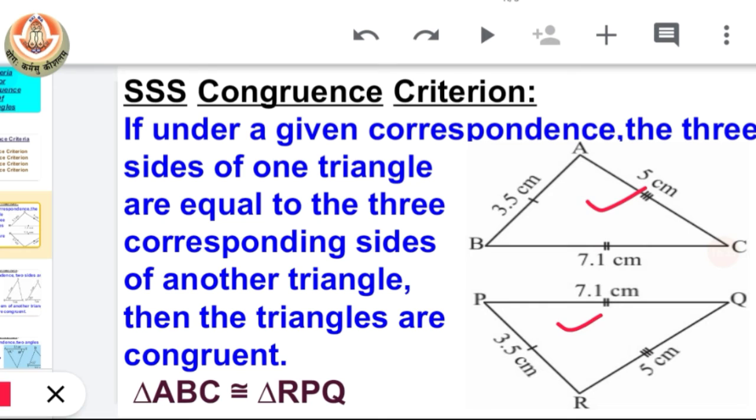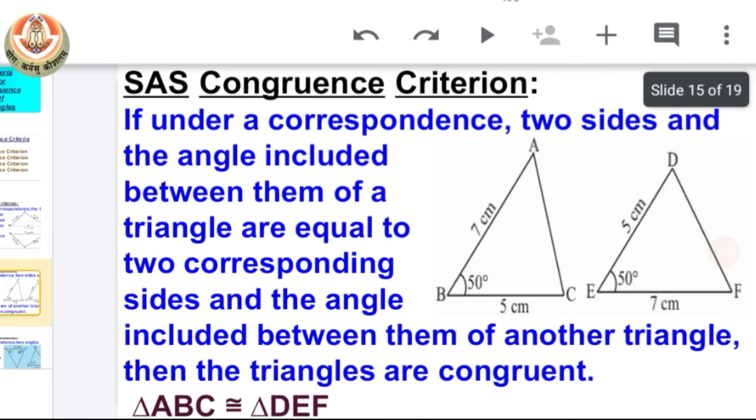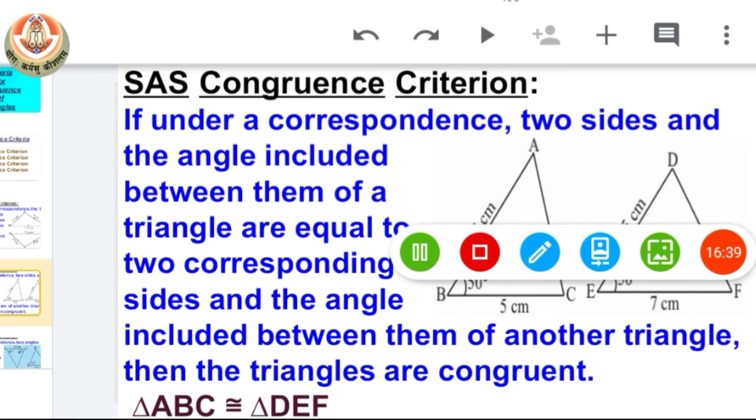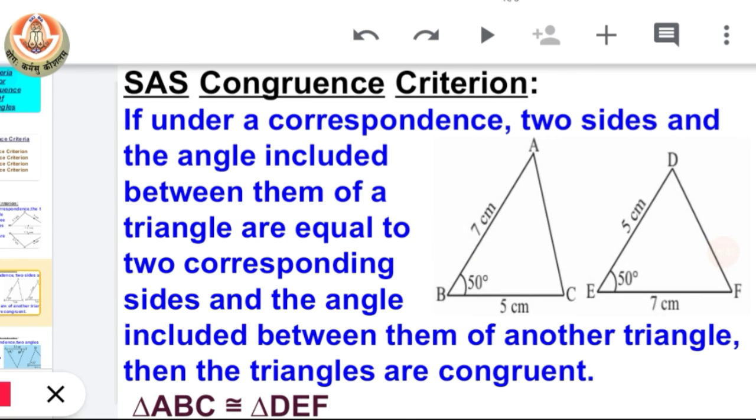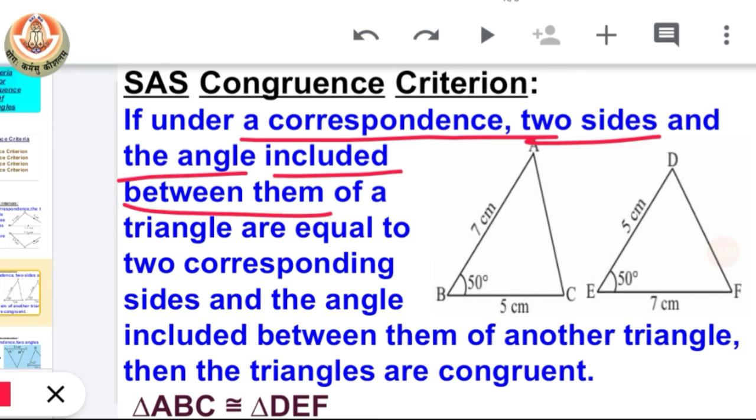Similarly, for SAS congruency, you have to keep in mind that this A, the angle, should be in between the sides. Let's see what that means. If under a correspondence, two sides and one angle included between them, means that angle should be included in between these two sides.